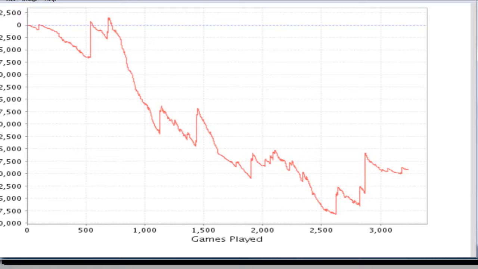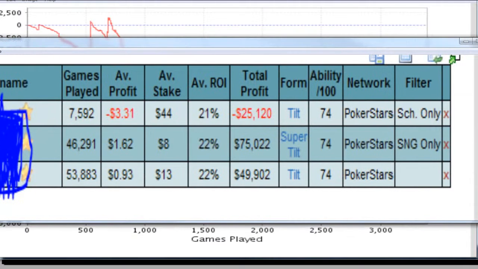This is a player that, regardless of his overall profit of almost $50,000, I will not fear playing post-flop against.